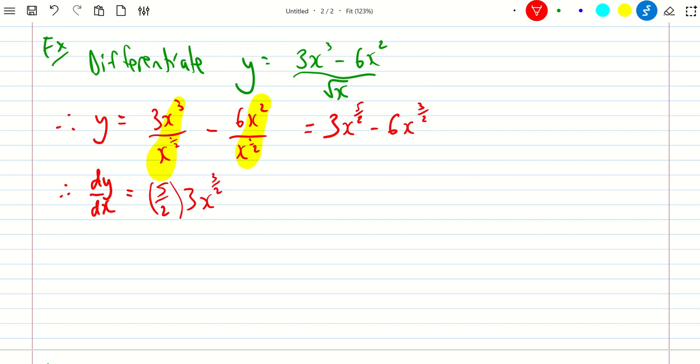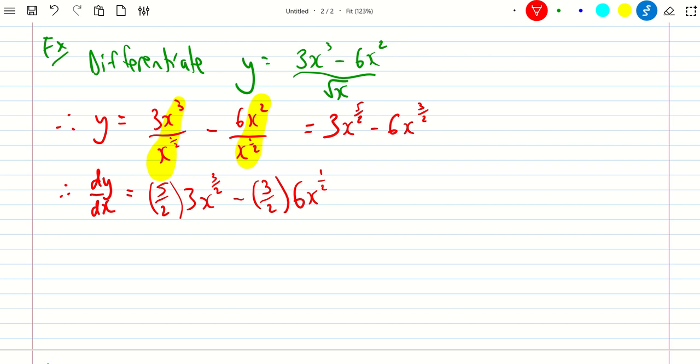You'll get used to these, you do them all the time. Take away, that 3 over 2 comes down the front, and then we have 6x, 3 over 2 take away 2 over 2, because we're minusing 1, is equal to 1 over 2.